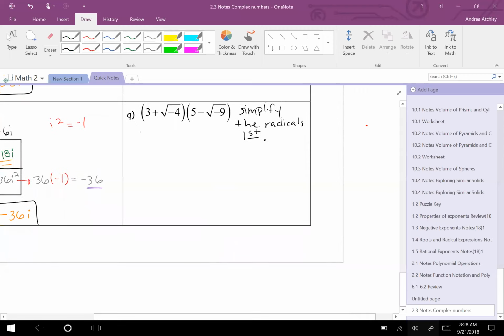So we're going to do 3 plus, okay, what's the square root of 4, class? 2, but it also has that negative, so we need an I with it. Do the same thing here, 5 minus, class, what's the square root of 9? 3. And again, it has that negative with it, so it needs the I.